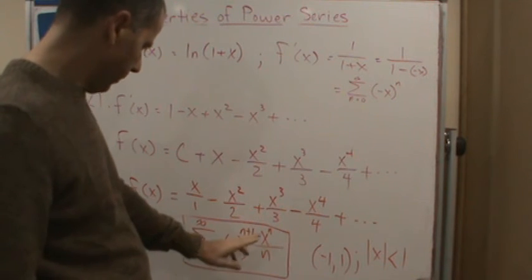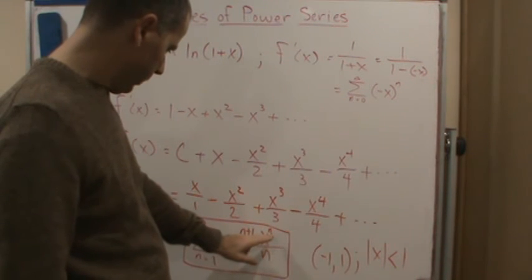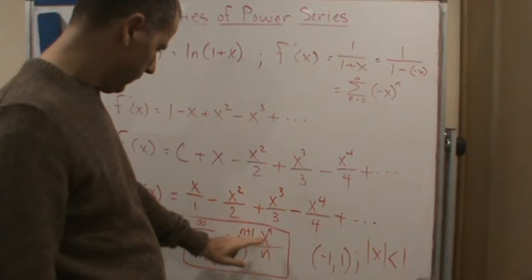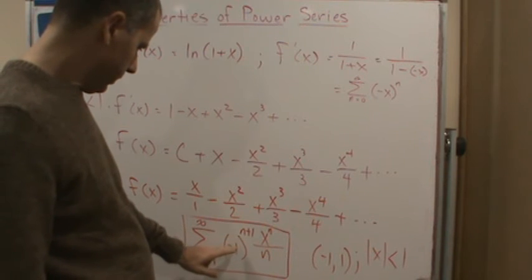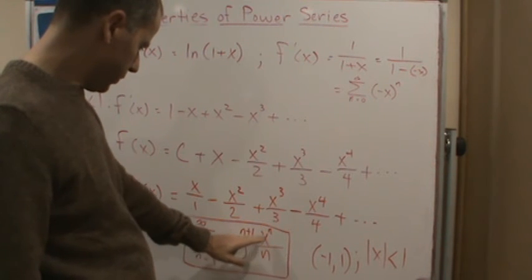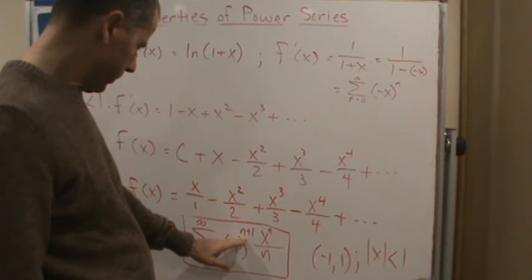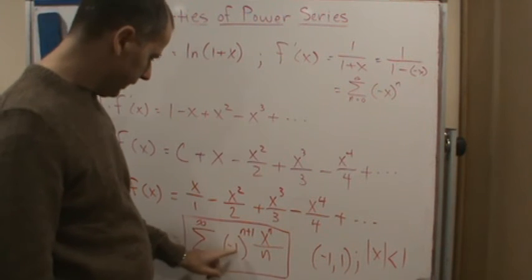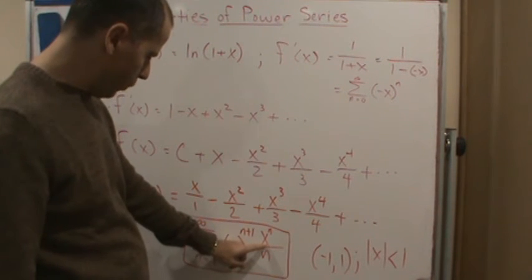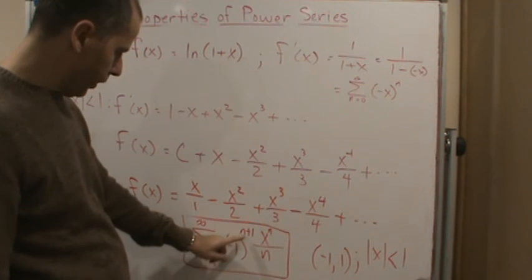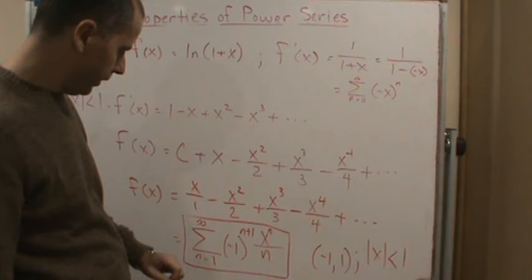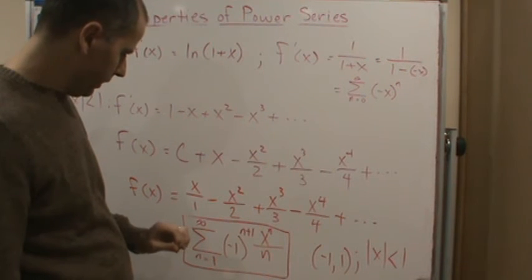Let me double check. So if this is -1, I get -1 to the n plus 1. Oh, okay. So if x is -1, I'll combine these. I'll get -1 to the 2n plus 1, which will be odd.